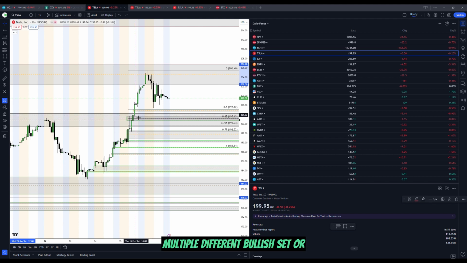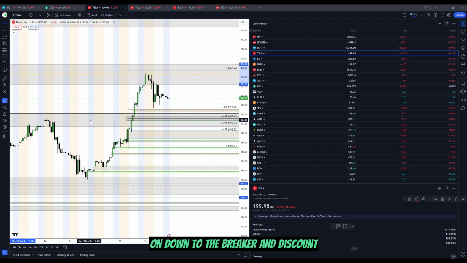So we have multiple different bullish setups or PD arrays that are working in confluence with our overall idea here that Tesla's in a bullish weekly trend, it's in a bullish daily trend, and it's in a bullish hourly trend, right? So, while look, I don't really want to buy it up here, I'm just going to set an alert.